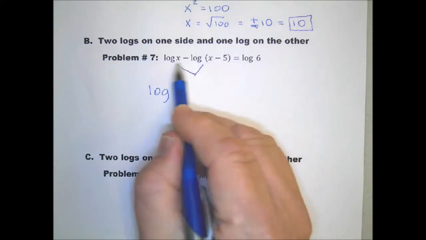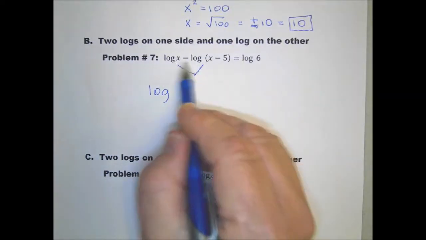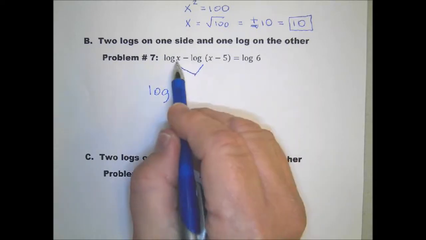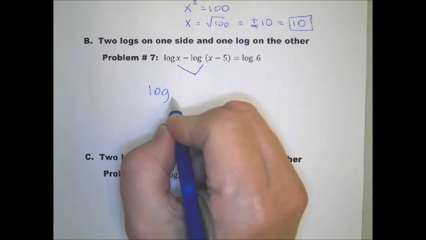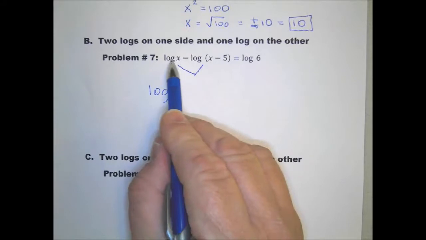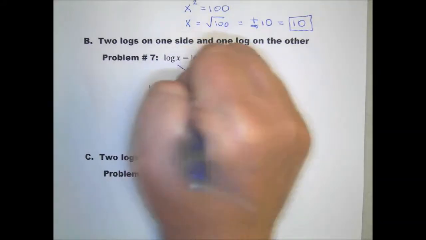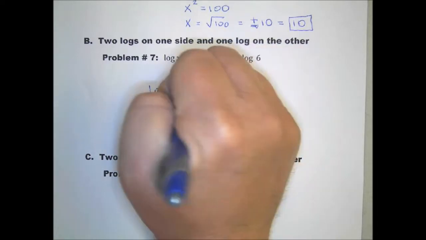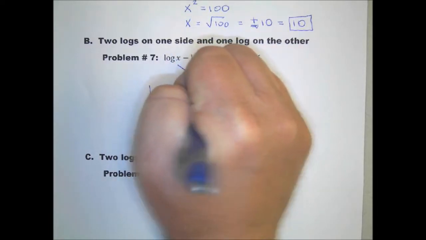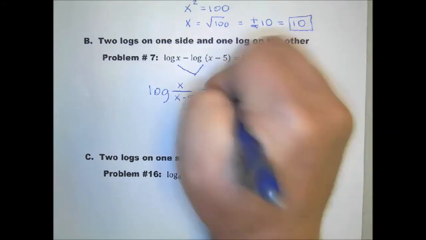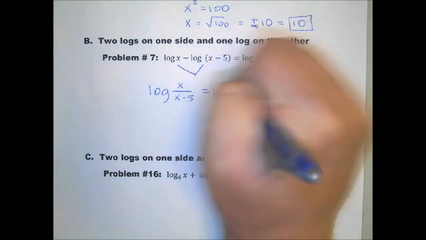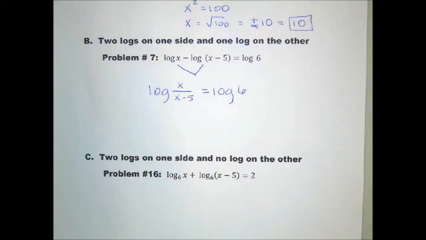So I'm in log base 10 because you don't see any base. So I know I'm in log base 10, and since these 2 logs are being subtracted, I'm going to make a fraction out of their terms. So it would be x over x minus 5 equals the log of 6.